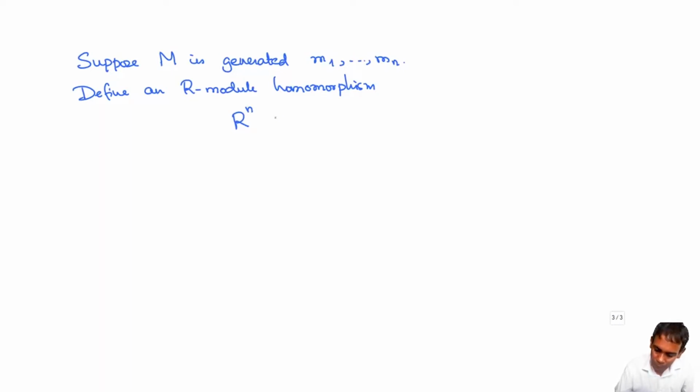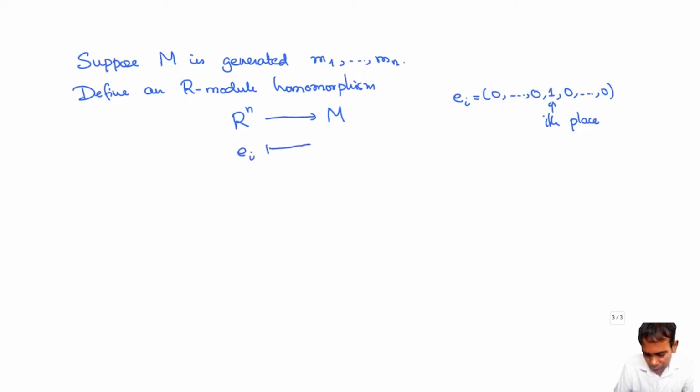This is an R module, and we define an R module homomorphism from this to M by taking, so in this you let ei denote the element which is 0 at all places except for a 1 at the ith place, a coordinate vector, so to speak, by taking ei to mi.